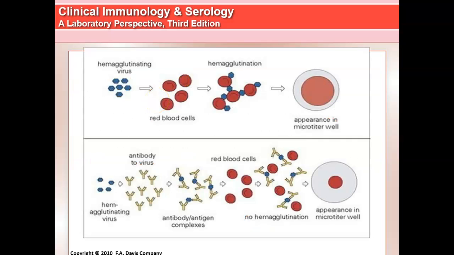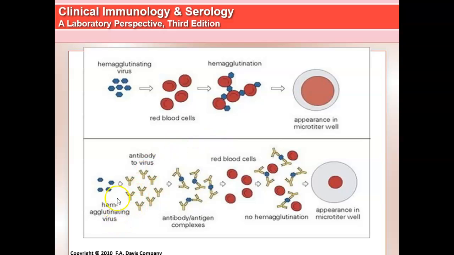Very interesting. So I've found this picture to illustrate hemagglutination inhibition. Okay, so if you're looking for a virus or antibodies to a virus, you would have the viral particles, then you would add your red blood cells, and then those viruses would attach to the red blood cells, forming a lattice, and then you would just get this no hemolysis, right?